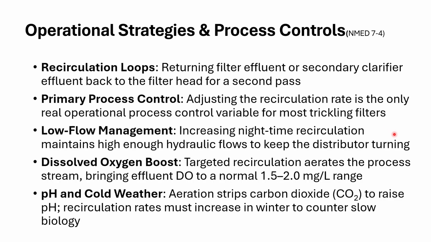For low flows, at nighttime, we get lower flows. Remember, we talked about this earlier on. We see a spike in incoming wastewater in the morning, a couple hours after people wake up and they shower, they cook, they get ready for work. So that's between 6 and 8 o'clock.